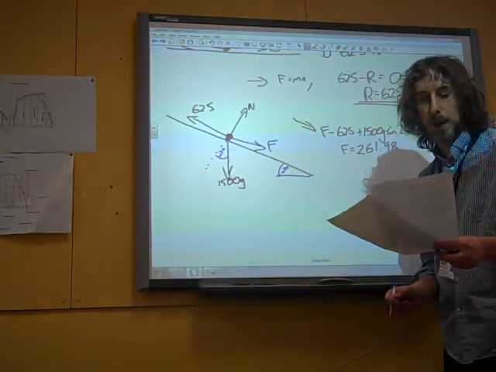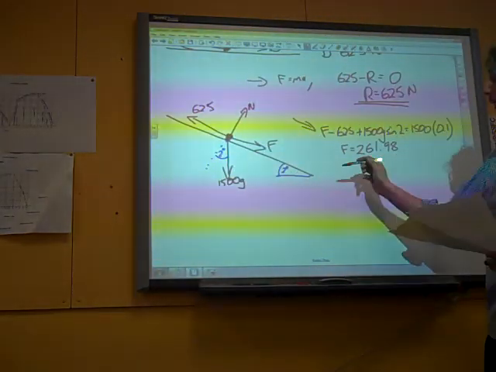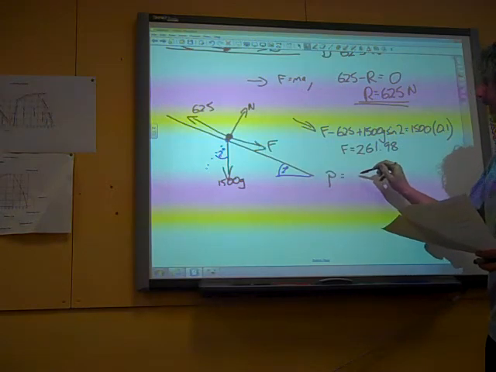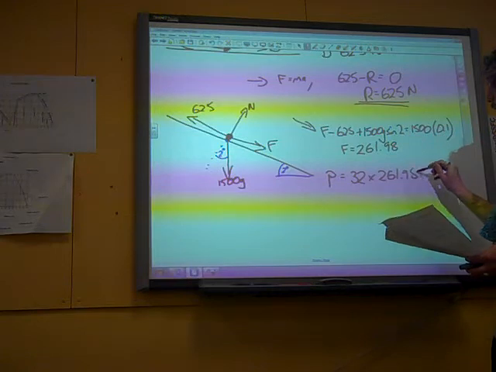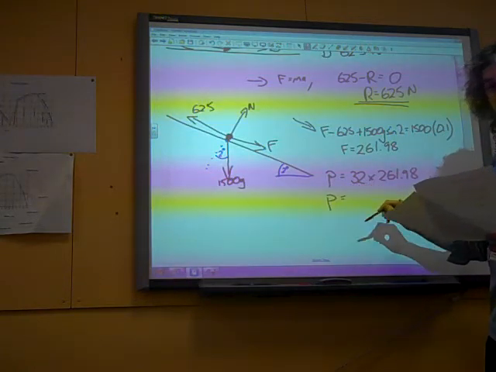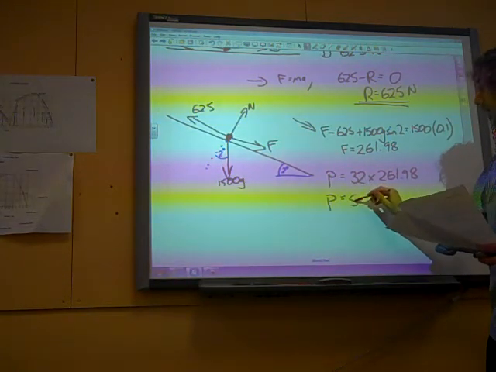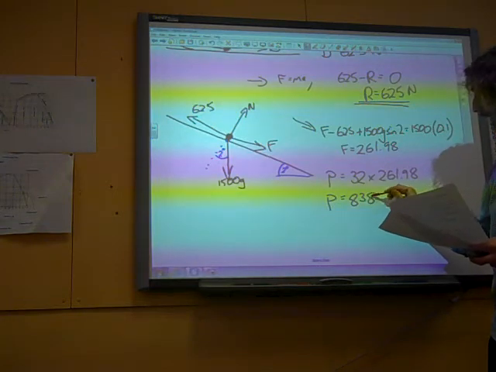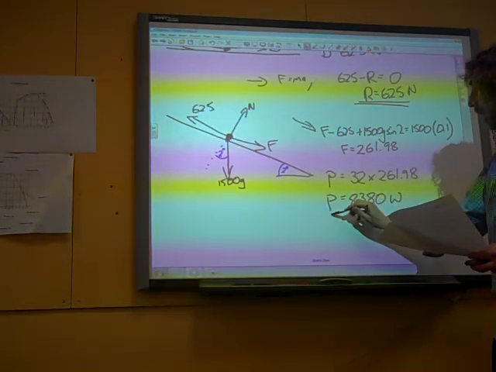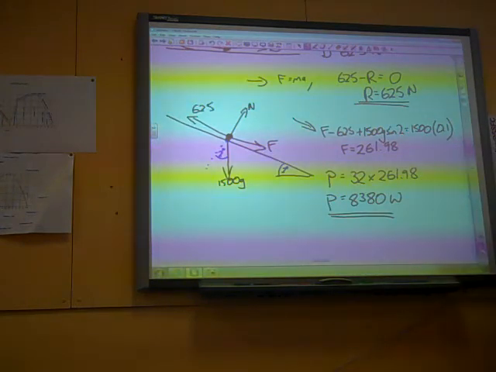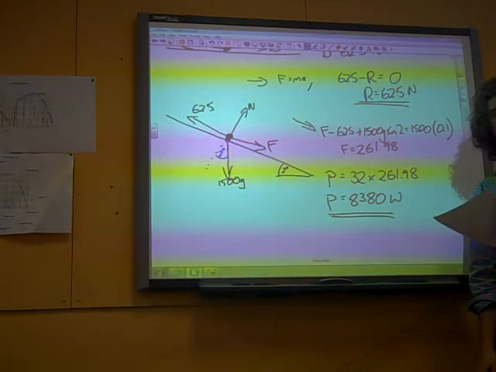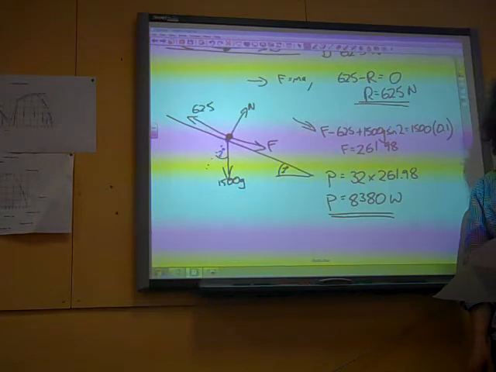So we now need to go back and do our power is velocity times that force. So we get the power as being 8380 to three significant figures, or 8.38 kilowatts. It's 8383.27 exactly.